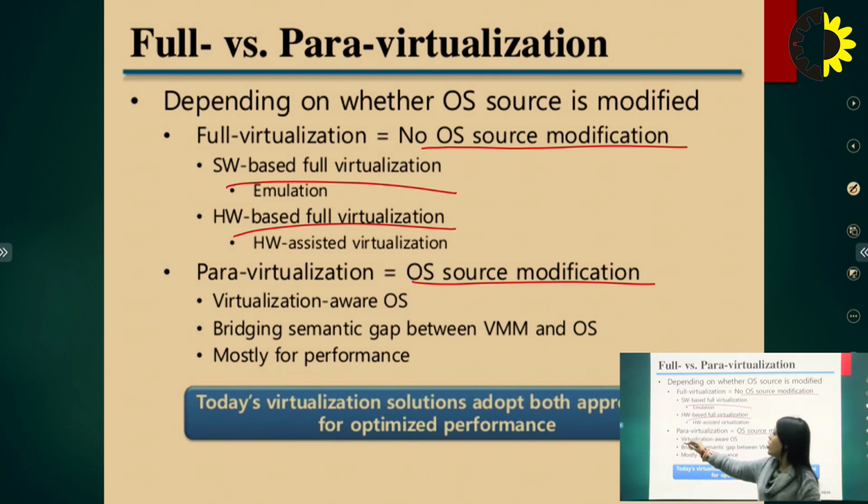So it is a virtualization-aware operating system, bridging the semantic gap between the virtual machine monitor and operating system, and this is mostly for performance. And today virtualization solutions adopt both approaches for optimized performance.